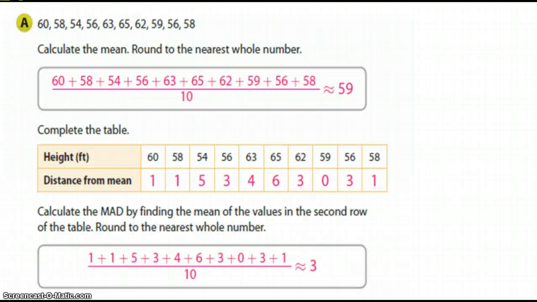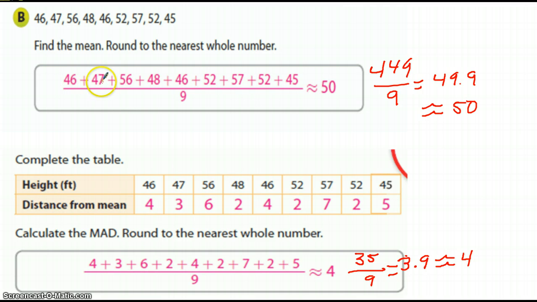So this is the author's answer. Notice approximately 59. Then we're going to take 59 and subtract from each number. There are your absolute value numbers. Add these up, divide by the number of data points, and you get approximately 3. That's the same thing we got. So looking good. Now let's see how well you did.